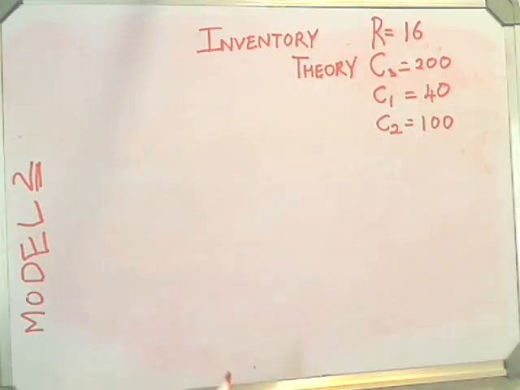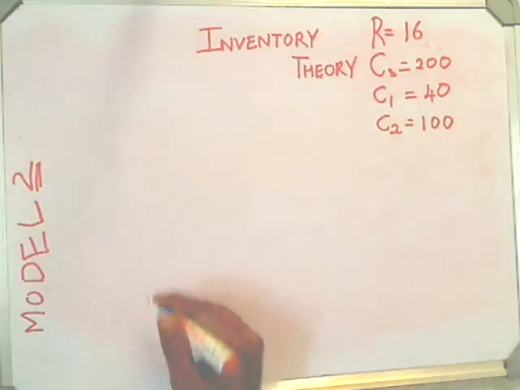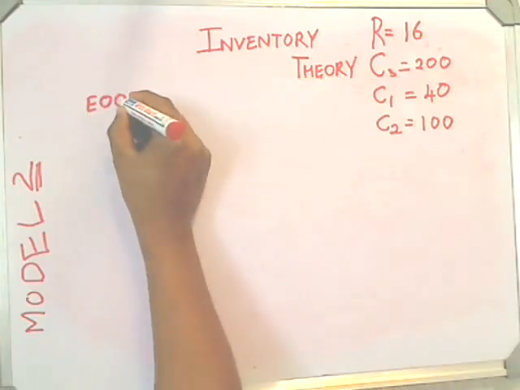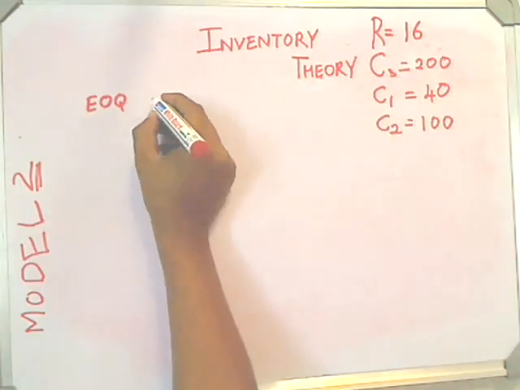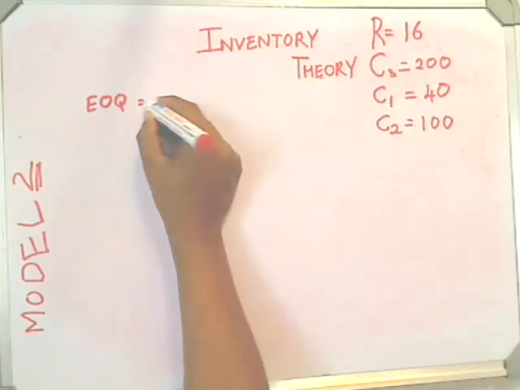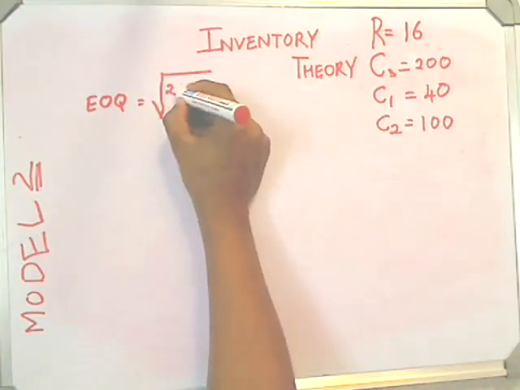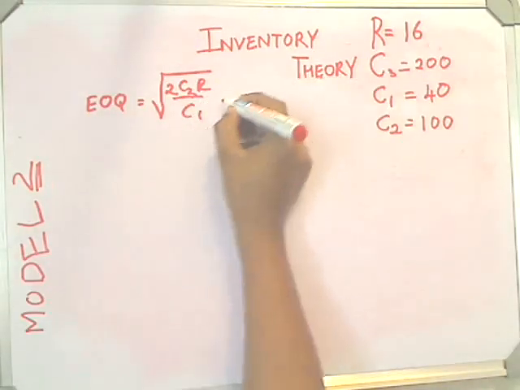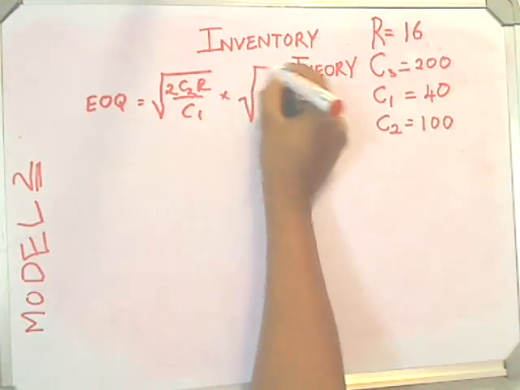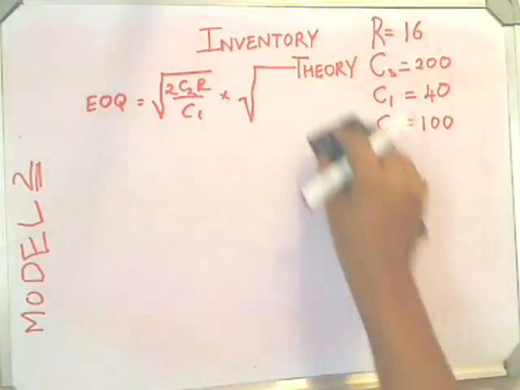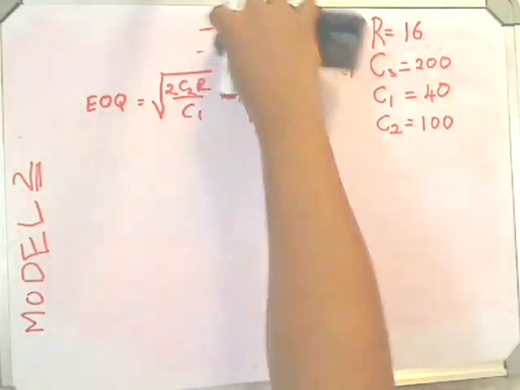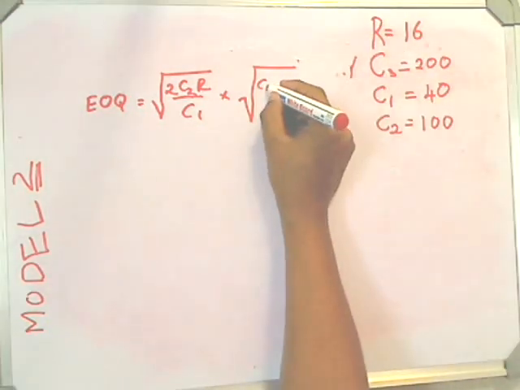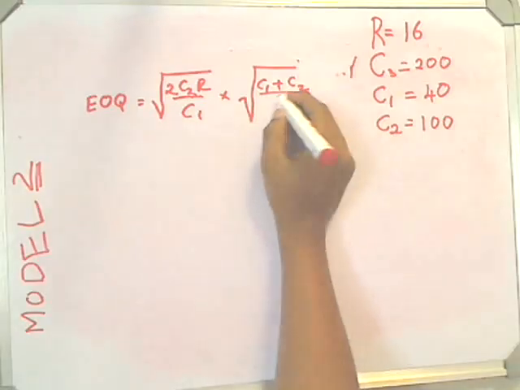Now, the first one again, we'll look at EOQ, economic order quantity. The first formula here. Now, EOQ gets slightly lengthier here when you go about calculating. The formula here would become the square root of 2C3R divided by C1, multiplied by the square root of C1 plus C2 divided by C2.